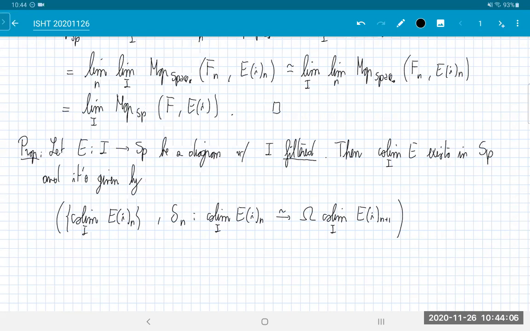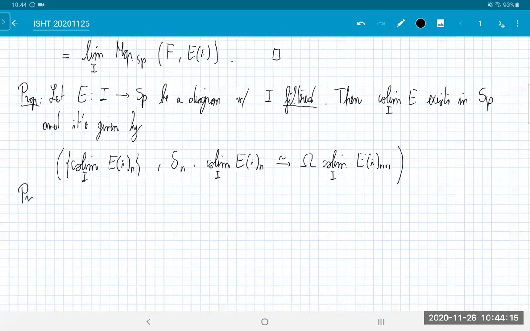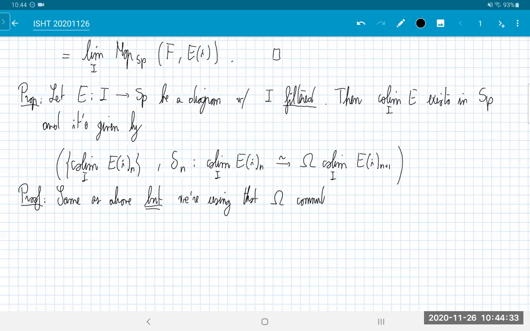So colimits exist and are computed level-wise. And the proof is the same as above, but it's very important that we are using that omega commutes with filtered colimits.